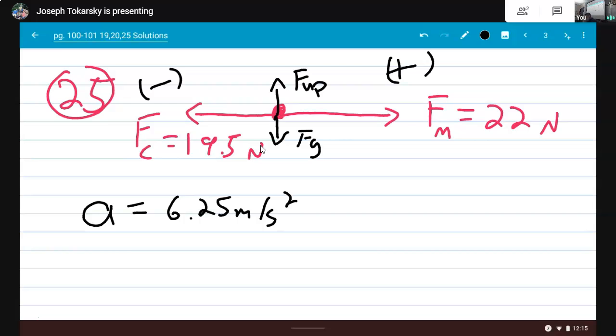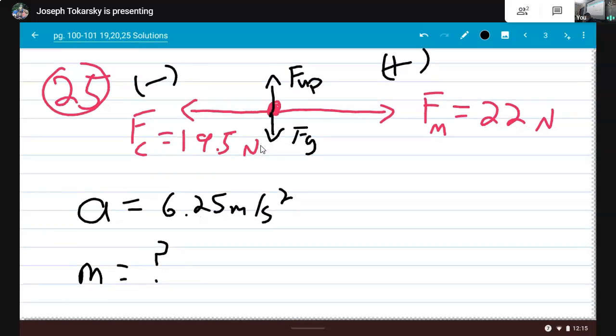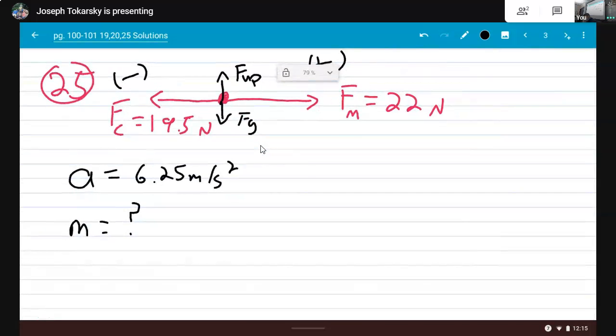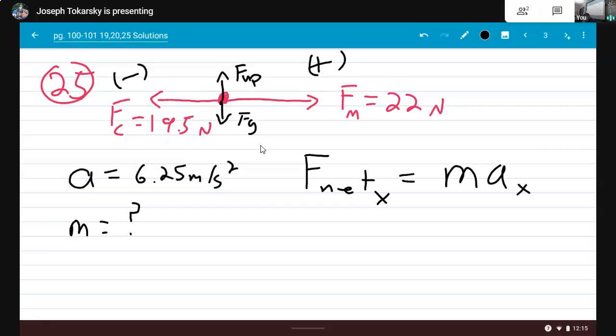And this time, the mass is the missing thing. But like most typical problems involving a tug-of-war situation, it's the rightward force, in this case Marcos, minus the leftward force, the cat, equal to m times that horizontal acceleration on the x-axis.